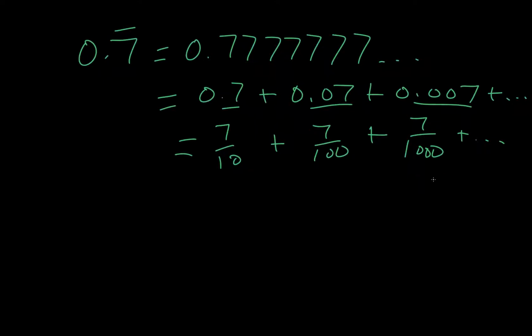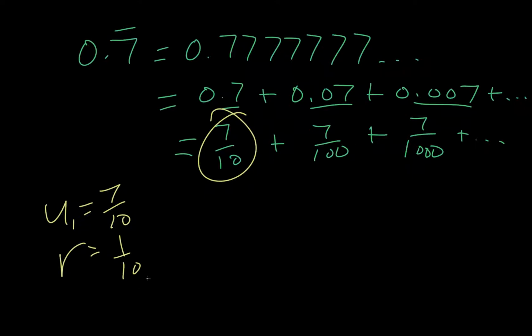Now if we think of this as a geometric series, we have our u1 is 7/10, our first one, and each time we're just dividing by 10, and so our r is 1 over 10. Now because our r is less than 1, we can use that finite series formula.